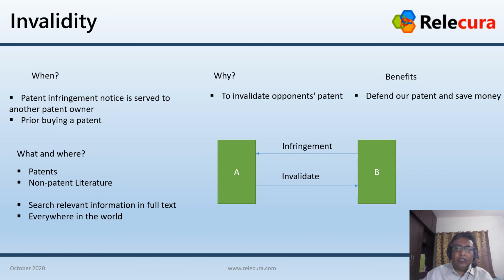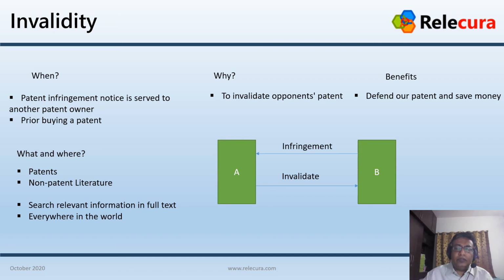So suppose owner B has sent a notice to owner A that you are infringing on my patent. So owner A would like to invalidate the patent of B in order to prove that I am not infringing.